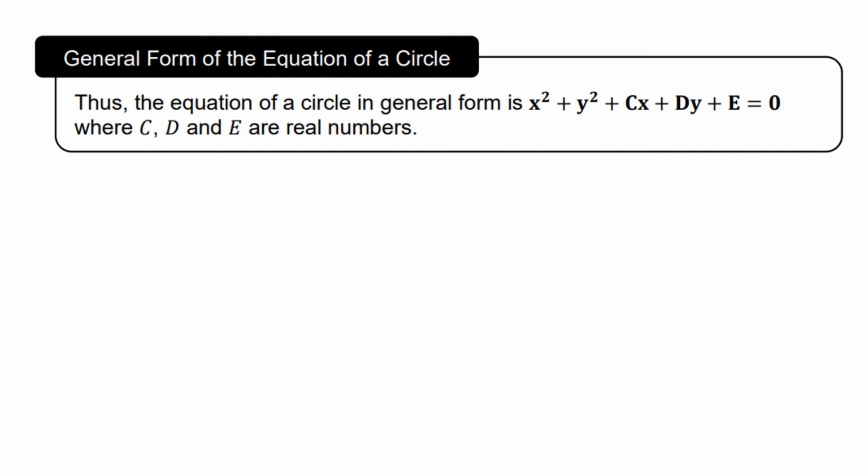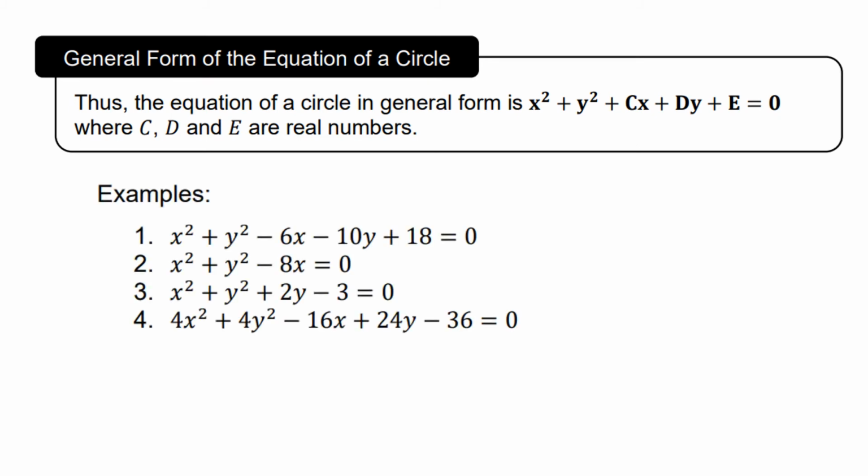Another form of the equation of the circle is the general form. Ano po itong general form na ito? The equation of a circle in general form is x squared plus y squared plus cx plus dy plus e equals 0, where c, d, and e are real numbers. So for example, you are given x squared plus y squared minus 6x minus 10y plus 18 equals 0.